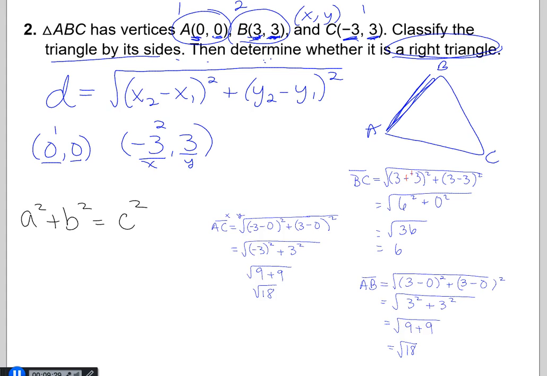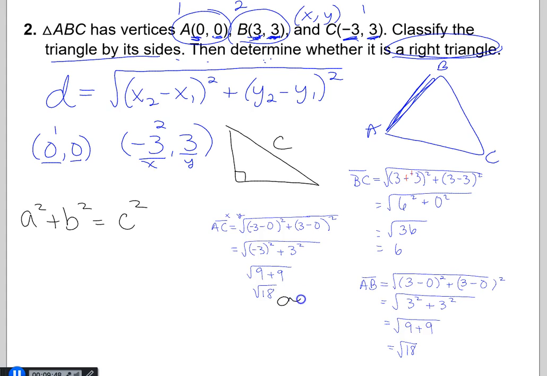Now, we need to know which one is C. So in the right triangle, C stands for which side? The long one. C is the hypotenuse. So what's the longest? The square root of 18 or 6? 6.